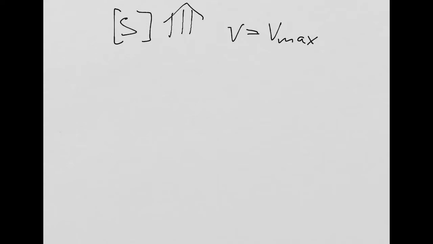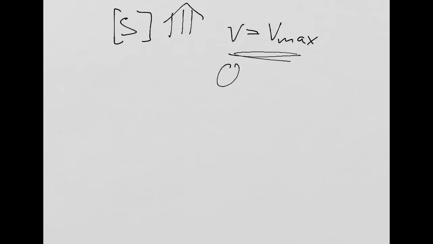Does V depend on the substrate concentration in this case? If you look at the equation, does it depend on the substrate concentration? No. If it doesn't depend on the substrate concentration, what order is it? It's a zero-order reaction.